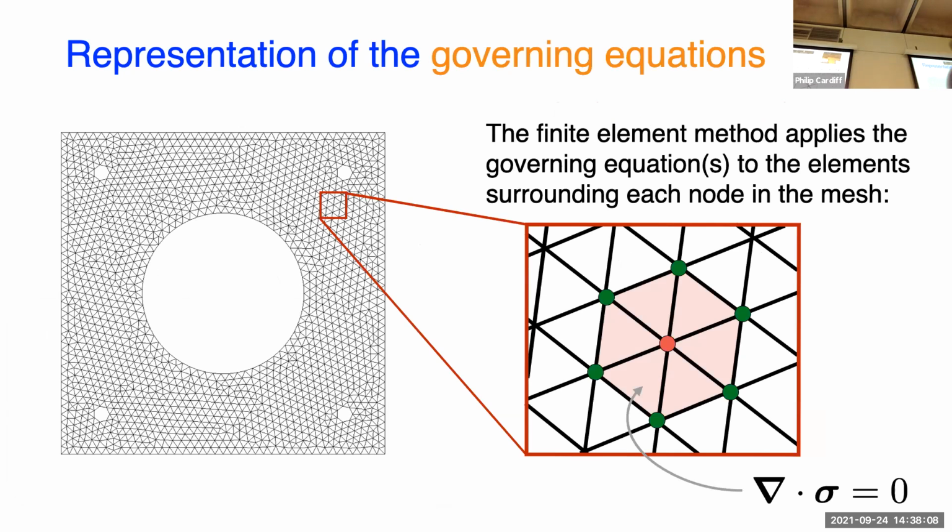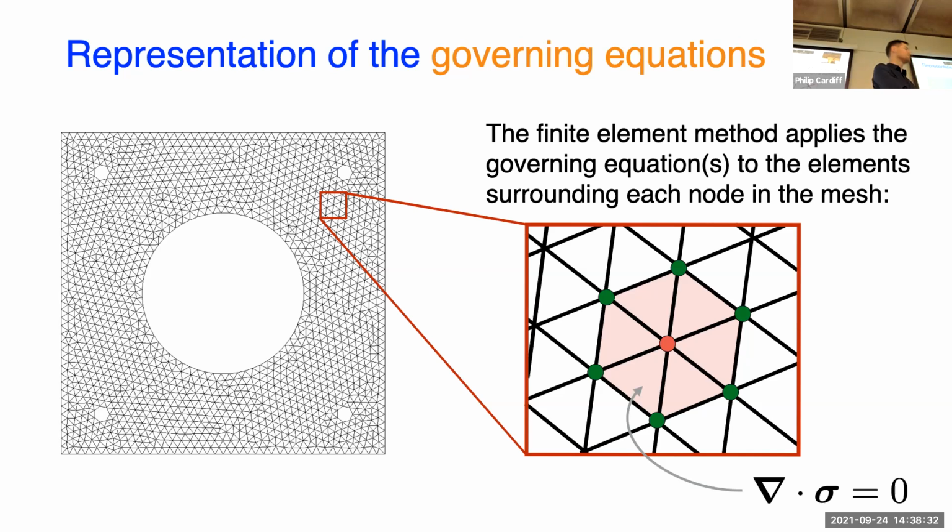So what does the finite element method do? You can't see the shading very well here, but these 6 elements are shaded. What the finite element method does is, for every node, let's say we go to this red node, it tries to apply this equation. Let's imagine we have subbed in, I haven't done it here to keep things concise, an expression for stress by Hooke's law, it'll be in terms of an unknown displacement.